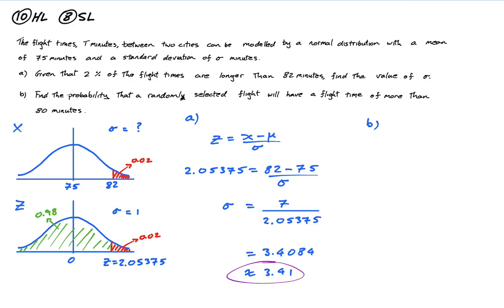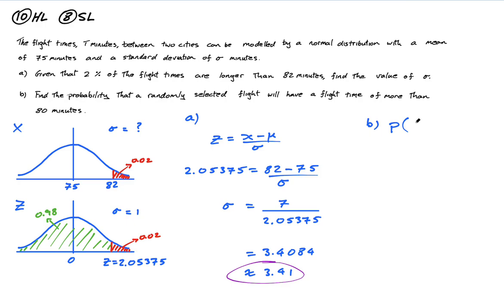Find the probability that a randomly selected flight will have a flight time of more than 80 minutes. Okay, so this is pretty straightforward, because now I just want the probability that, by the way, I possibly should have used t for this instead of x, but it doesn't really matter.